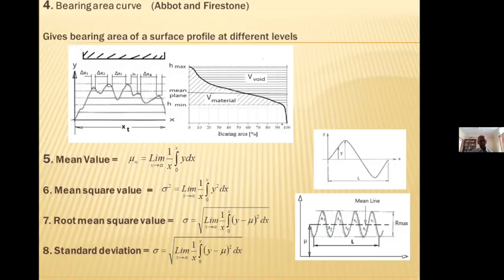So in this page, we have the bearing area curve, first introduced by Abbott and Firestone, which gives us the area available for bearing the load; mean value, which is similar to the CLA; root mean square value, which is the same as the RMS value; and standard deviation, which is the deviation of the heights of the surface either from the mean itself or with reference to some other coordinate system.